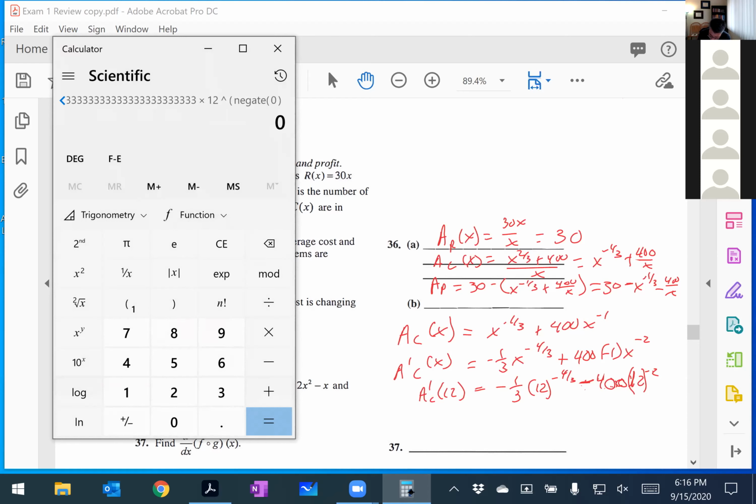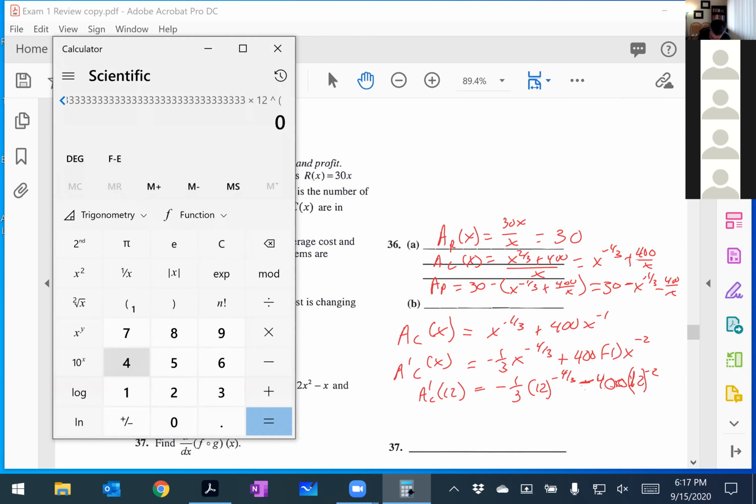Negative 1/3, negative 4/3, close the parentheses.